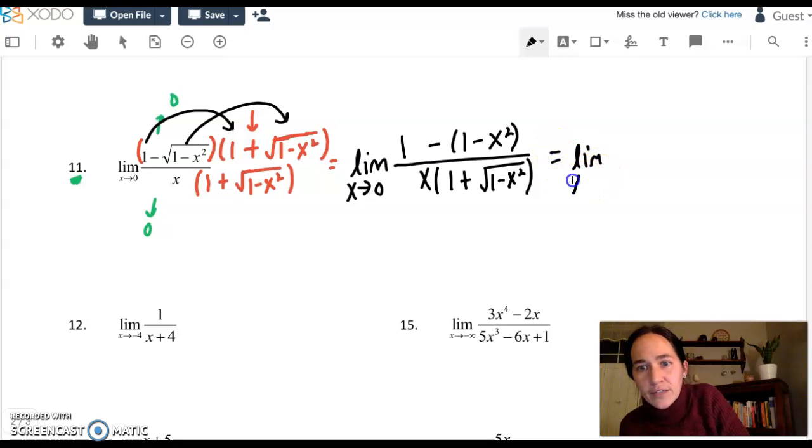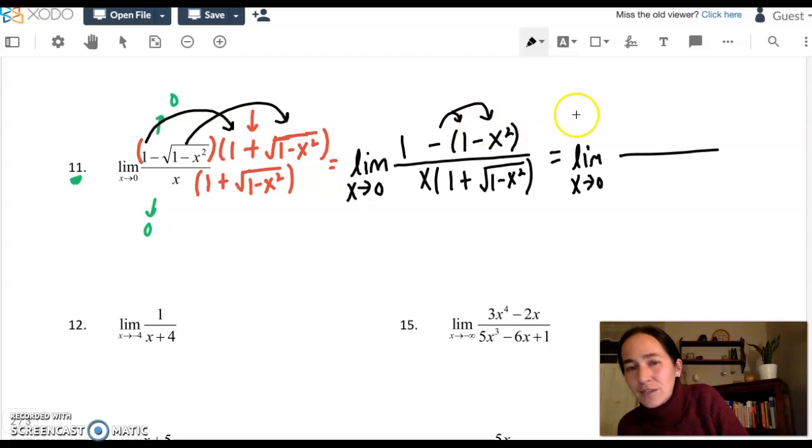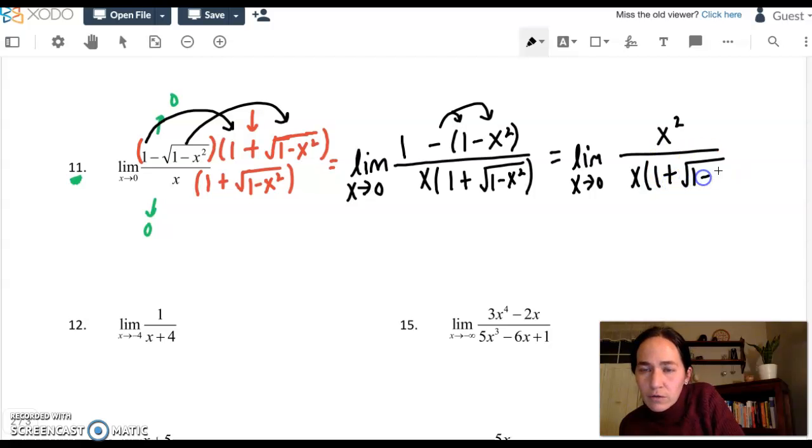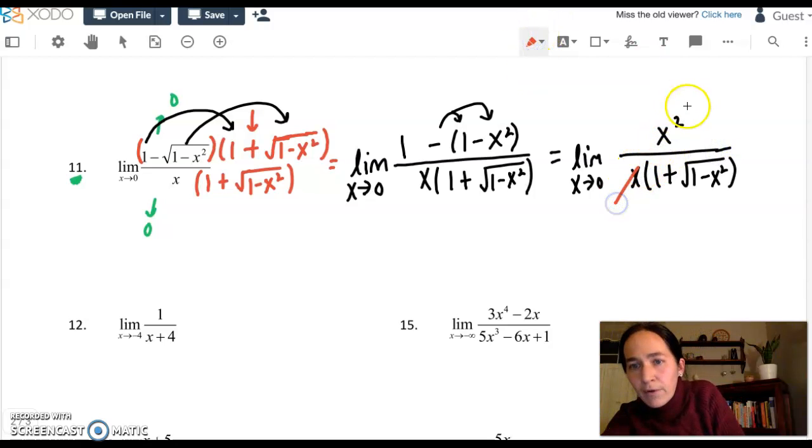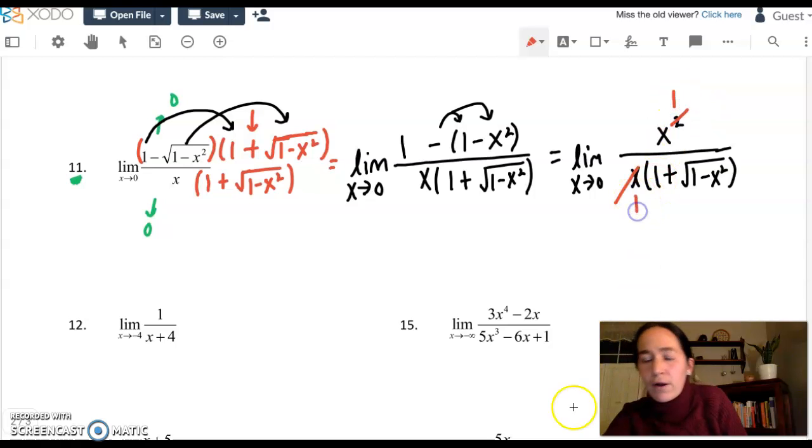So we've got limit as x approaches 0 of 1 minus negative x squared. Let's get rid of the 1's and just call it x squared. And on the bottom, I think this will put us in a good situation, because you want that x that was on the bottom to cancel, and up top we have just the thing. We could reduce 1 power of x down here with 1 power of x up above.